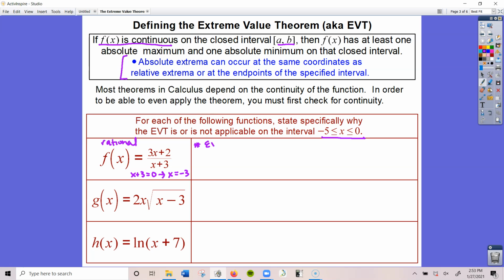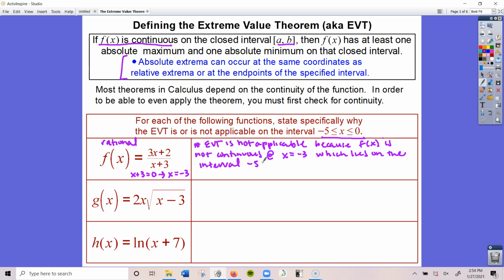So we would write EVT is not applicable because f of x is not continuous at x is equal to -3, which lies on the interval -5 is less than or equal to x is less than 0.